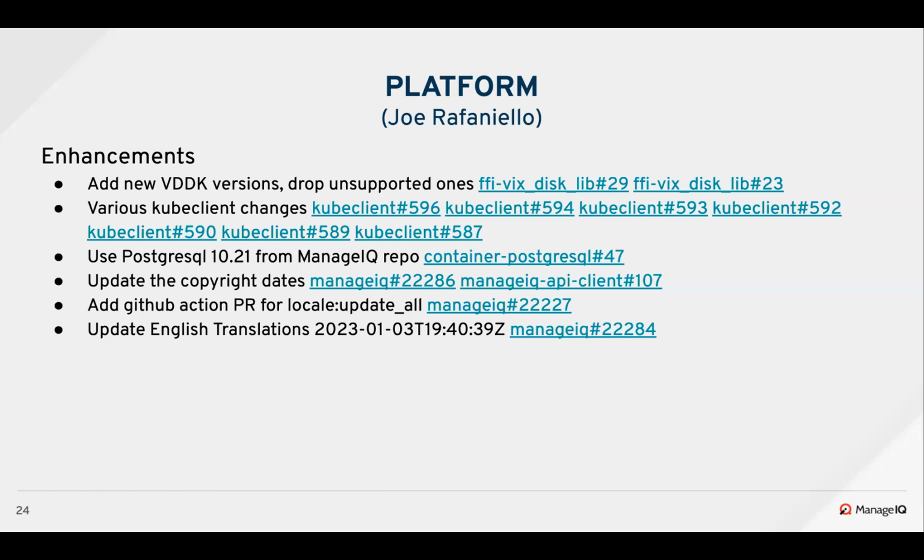Jason changed the copyright dates to 2000 to present to avoid having to continually update the current year with each new year. I added a GitHub Action PR to generate the English POT and PO files on a schedule. From this change, the bot made its first scheduled PR to update the POT and PO files, and some message typos were found and fixed from that.